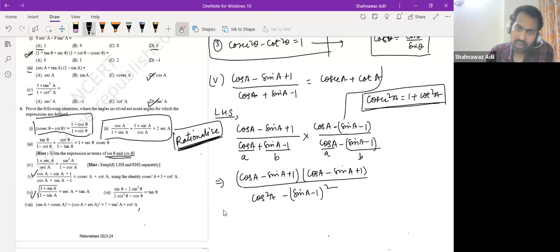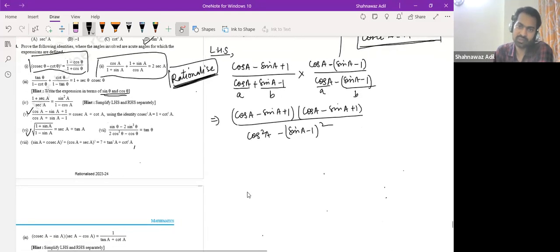Yes. Okay, so now let us solve it further. So what do you get? This is a minus b or a plus b plus c whole square, right?